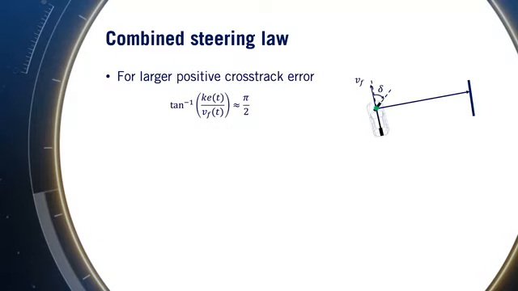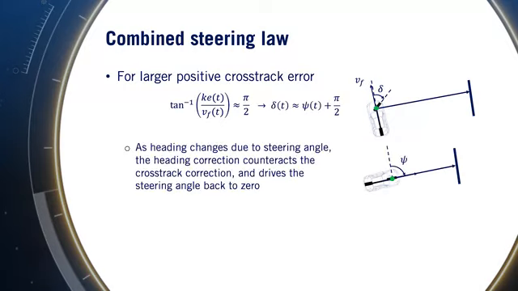For large positive cross-track error, Ke over Vf becomes large, and the inverse tangent approaches pi over 2. So we can approximate the Stanley control law as the heading error plus pi over 2. This large value clamps the steering command to the maximum, and the vehicle turns towards the path.